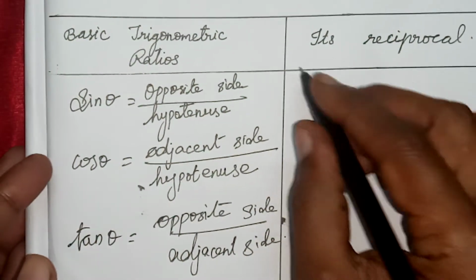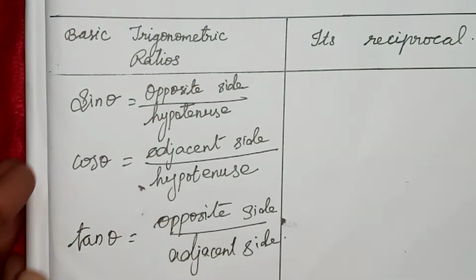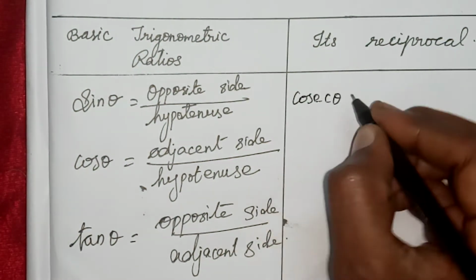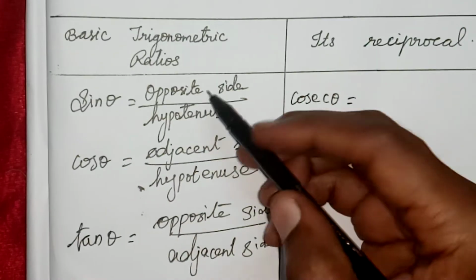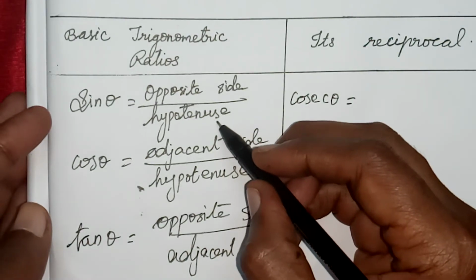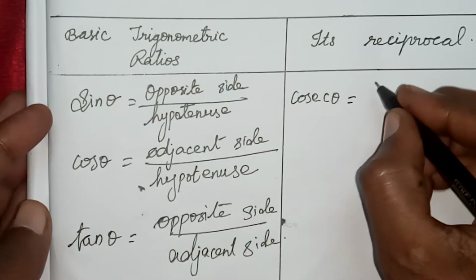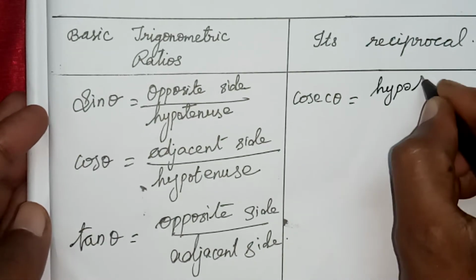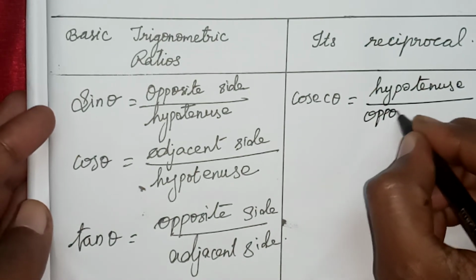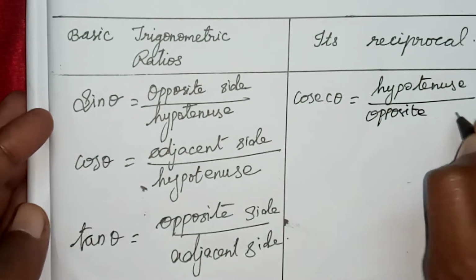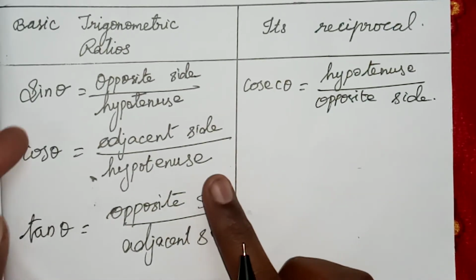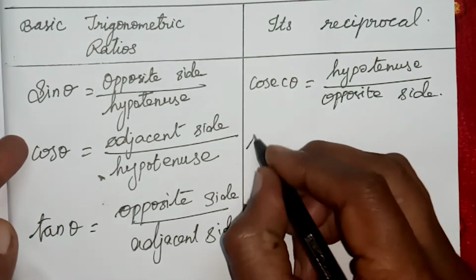Next, cosecant theta is the reciprocal of sin theta. That means, what is the reciprocal of opposite side by hypotenuse? Hypotenuse by opposite side. So cosecant theta is hypotenuse by opposite side.